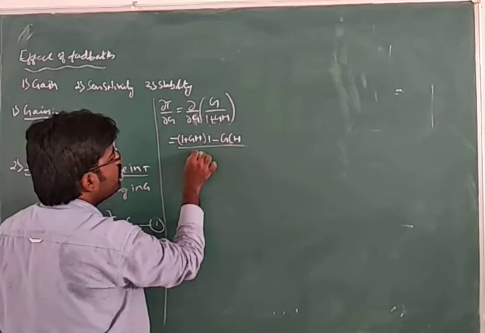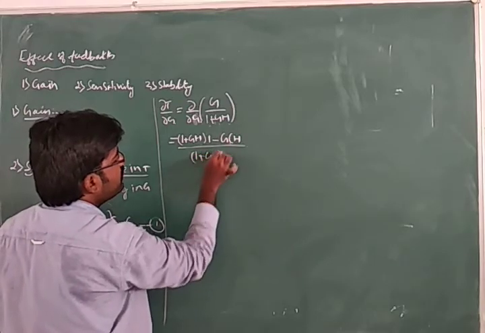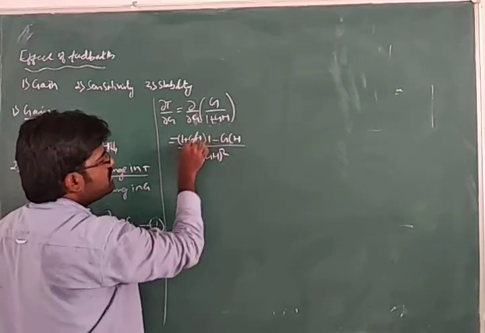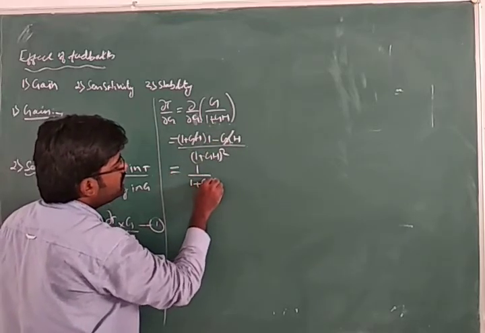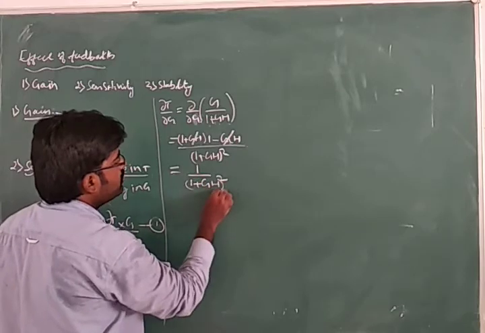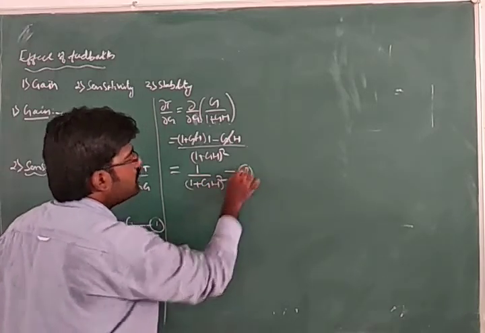Divided by 1 plus GH whole square, that is v square. So plus GH minus GH cancels. What remains? 1 divided by 1 plus GH whole square will remain. This you call equation number 2.